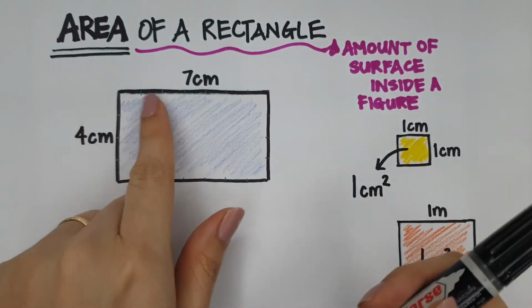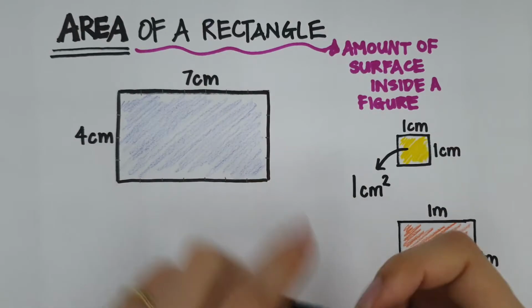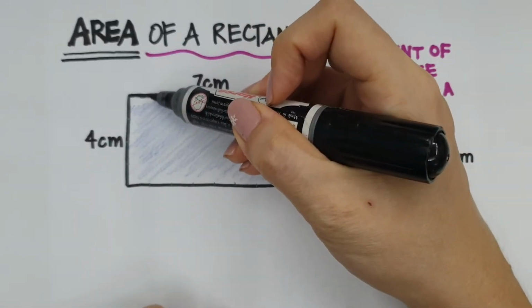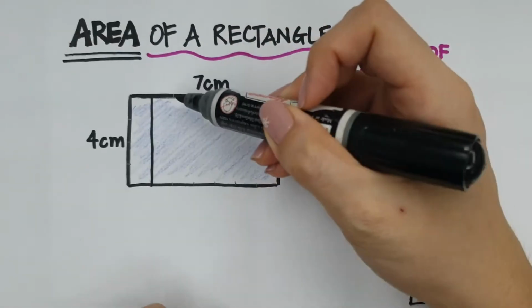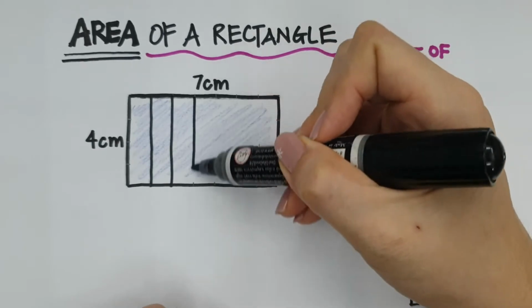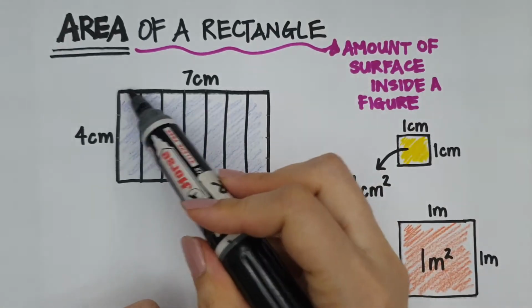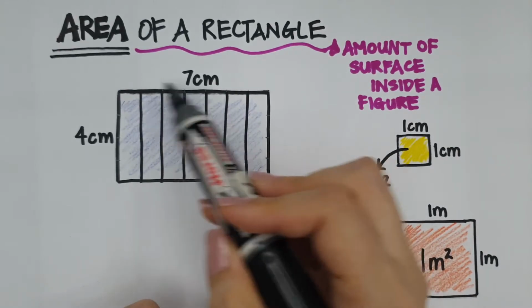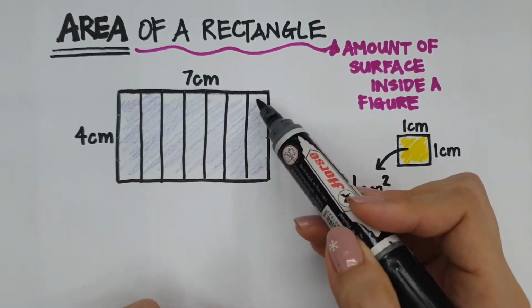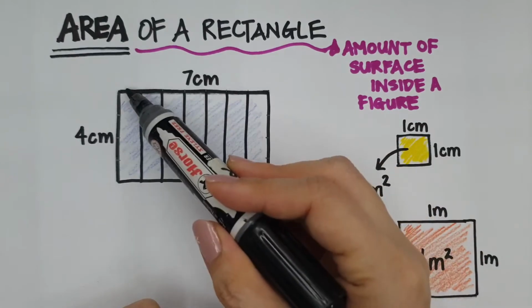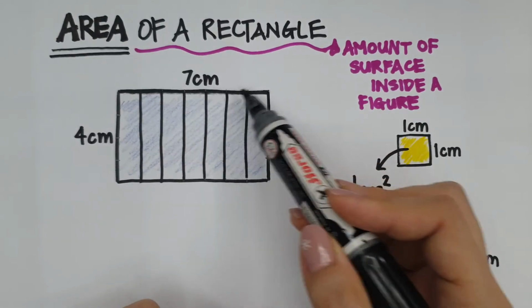Now to make these boxes, if I have 7 centimeters, I'm effectively going to divide it into 1 centimeter parts. 7 centimeters means I'm going to have 1 centimeter, 1 centimeter, 1 centimeter. So there's going to be 7 parts here that makes 7 centimeters. So 1 centimeter, 1, 1, 1, 1, 1, 1.